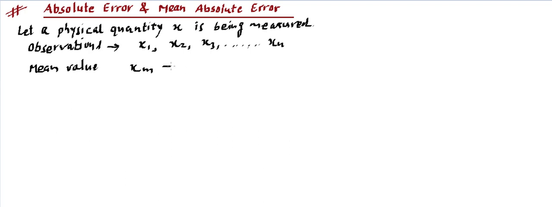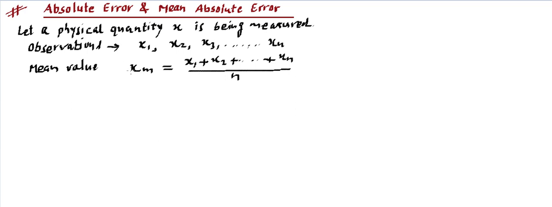So we take this arithmetic mean, that means we add all the observations and divide by the number of observations that we have taken, divided by n. So if we sum all the observations and divide by the number of observations, then we call it the mean value of that physical quantity.